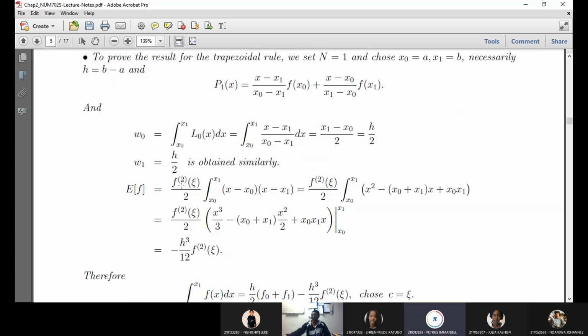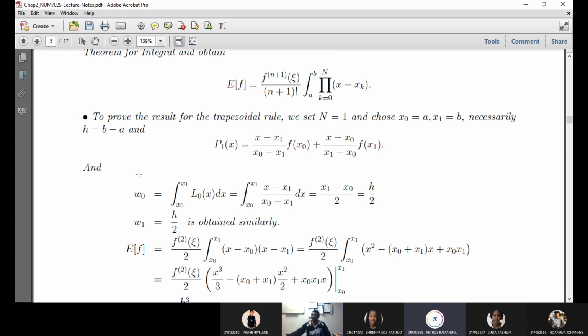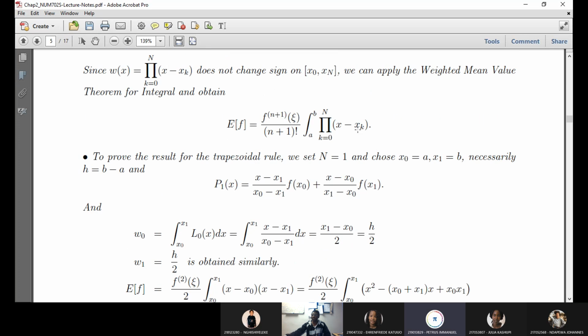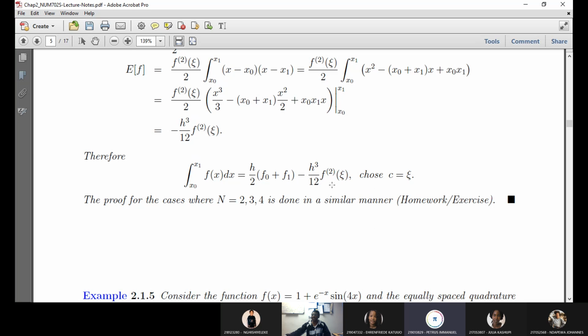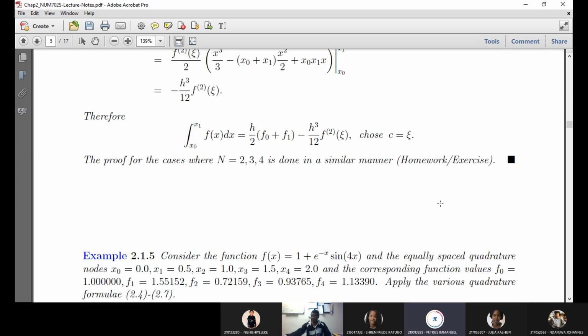That is our weight. And then the error, this one, for n equal to 1, substitute. Compute the integral properly, and then this is what we get. And it gives you exactly the result of the theorem. Okay, so you can do the same when n is equal to 2, 3. You can go up to 3, but for 4, you need a different approach. So I'm asking you to do this as homework.